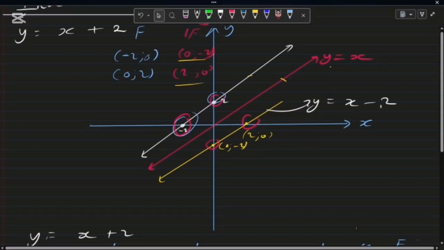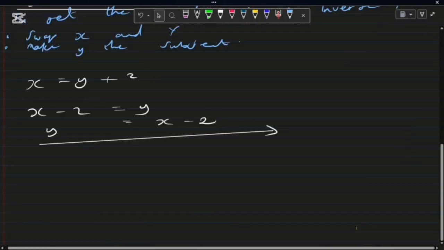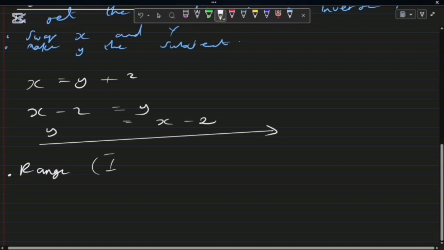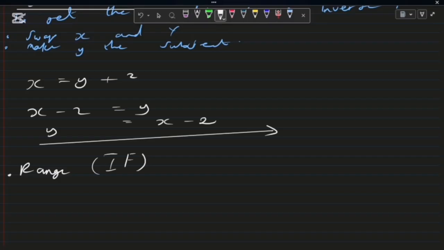So we can say that the range of the function becomes the domain of the inverse function.